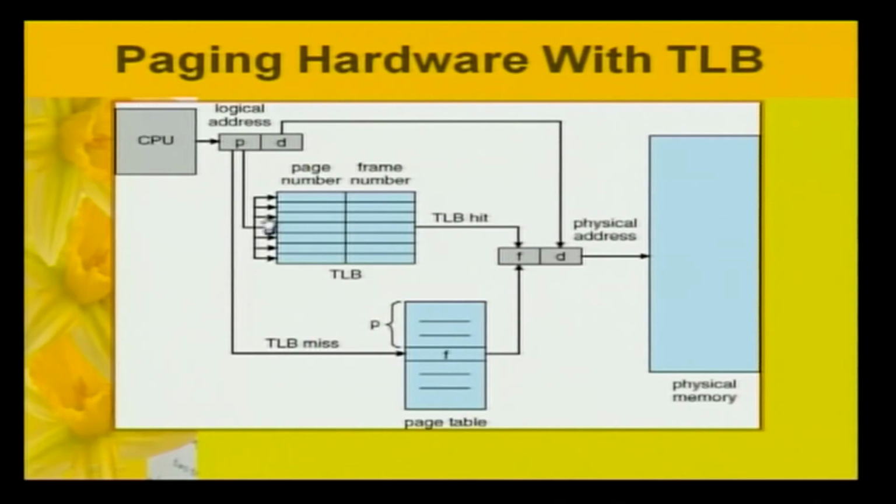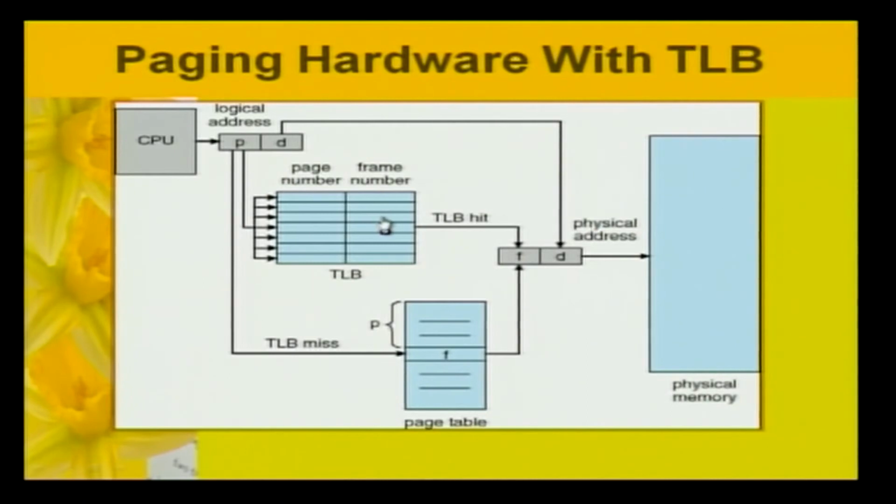A parallel search is done: however many locations may be available in this TLB, every individual location is not searched sequentially but in parallel. Therefore, for a single memory access, the entire TLB is searched for a corresponding F for this particular P.